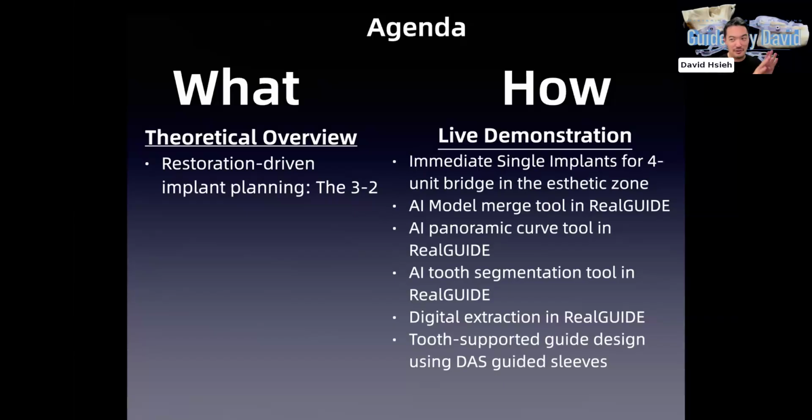This is very, very fun. We will talk about how to do immediate implant placement, meaning take out the tooth and place the implant the same day, right? That's immediate implant placement. And we're gonna design a 4 unit bridge supported by 2 implants in the aesthetic zone, right? That's the critical zone.